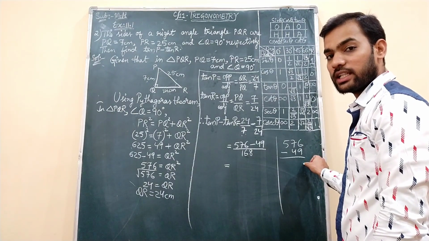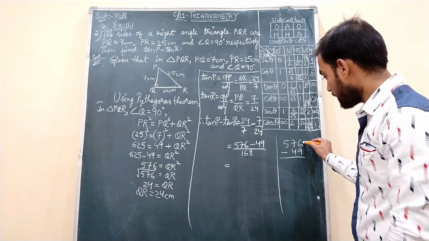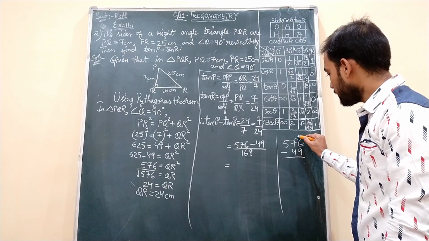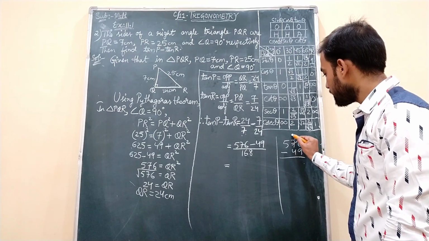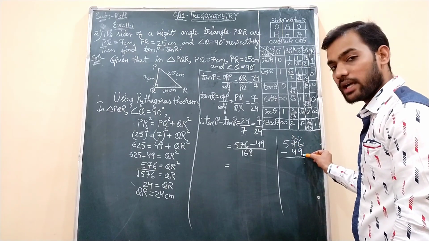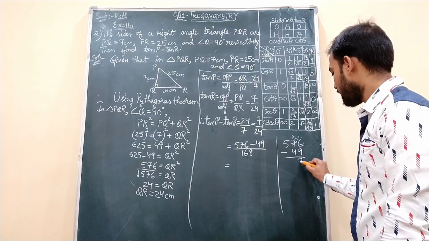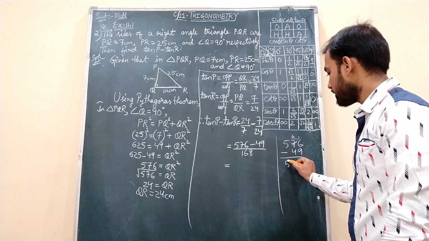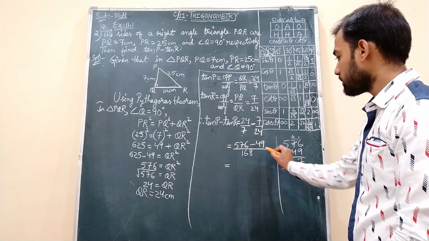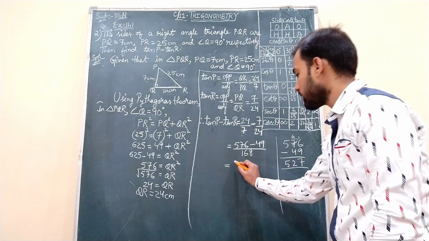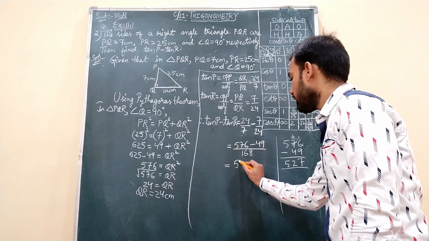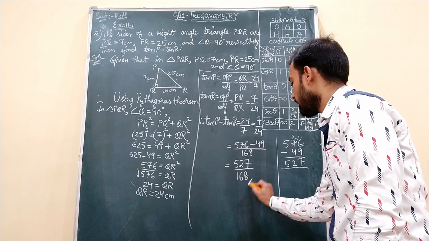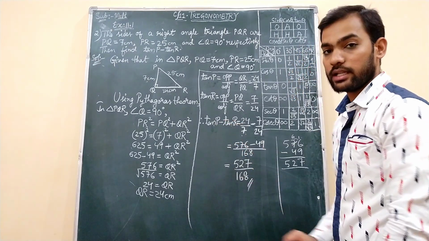Few students will think it is 3, but no, because this is the smaller number, so you need to borrow from here. When you borrow, you will get 16 here and this will become 6. 16 minus 9, you will get 7. 6 minus 4, 2. This remains 5. So 576 minus 49 is giving 527. So 527 divided by 168 is the value of tan P minus tan R.